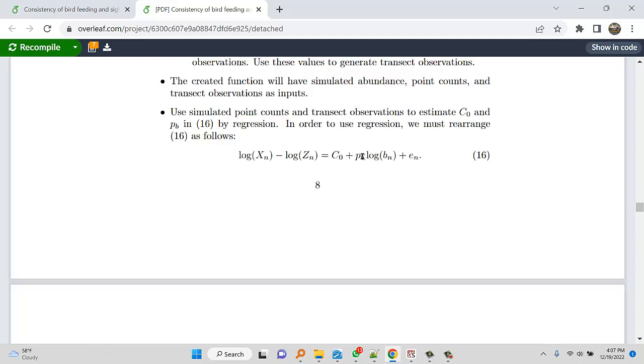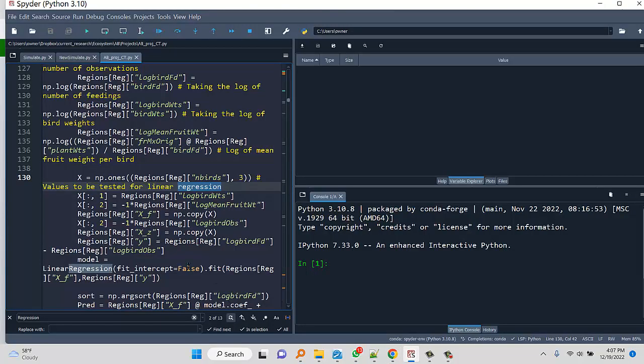Now you can find regression in Python. Scikit-learn has a regression. If you look in this code, there is a regression implemented here. It would be good to try to understand how this works. This is line 130 of ABproj.ct. And this is using linear regression from scikit-learn.